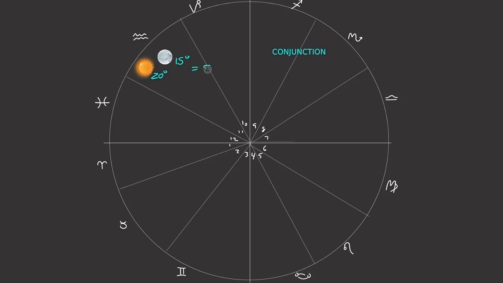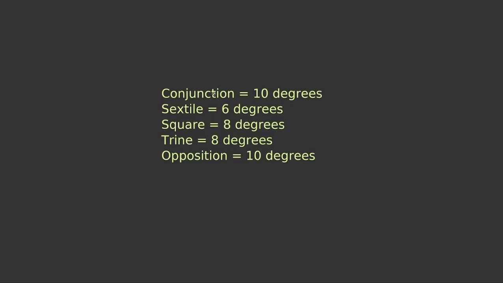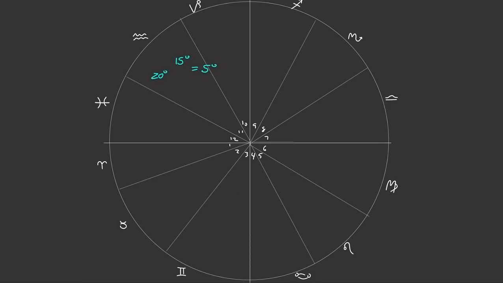Then we have a differential of 5 degrees. Now, if we look at our text from before, in a conjunction, we're concerned about a 10-degree differential. So again, if we look over here at a conjunction, now we have 5 degrees. So this will be something that we're interested in, because a 5-degree differential between these two is going to be interesting.